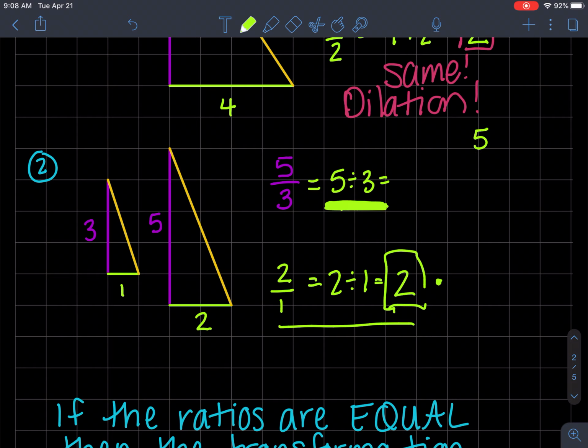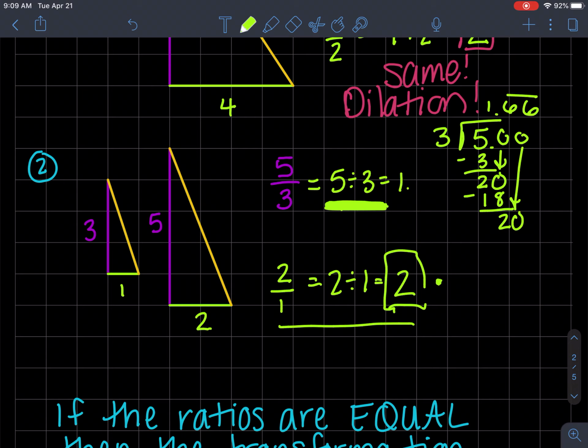So 5 divided by 3. 3 goes into 5 once. 3 goes into 20 6 times, and then we are just going to have a repetition here. So this is 1.6 repeating.